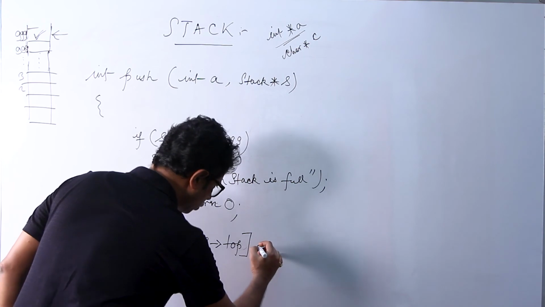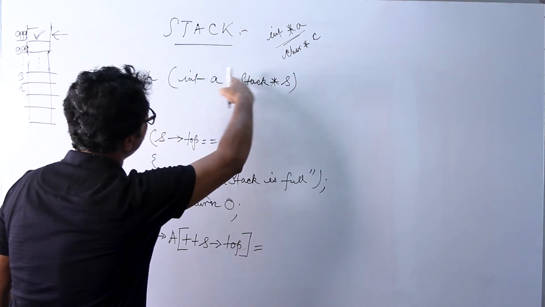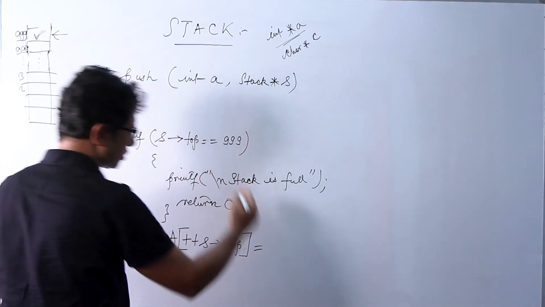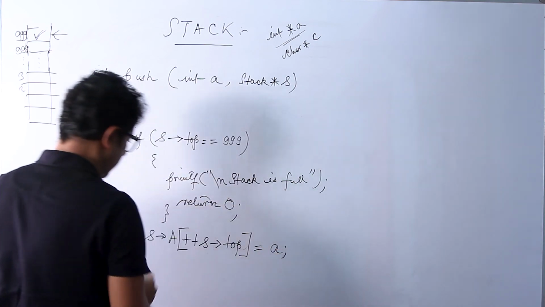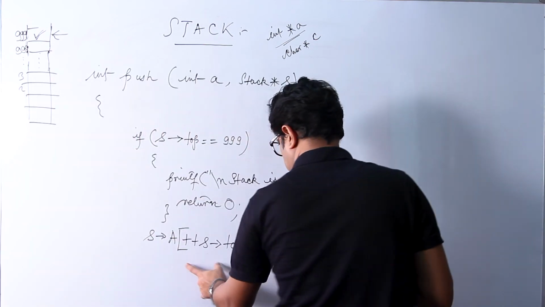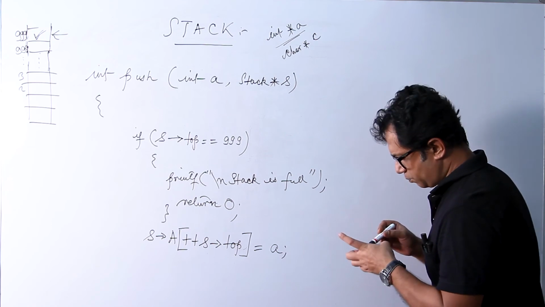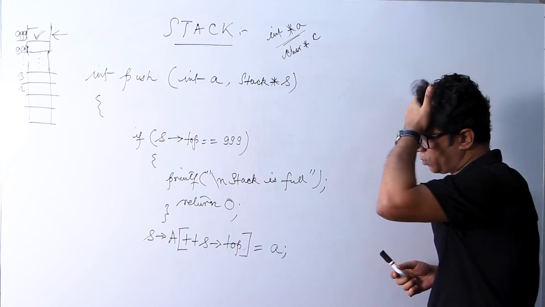I'm going to explain what I have written. It is equal to whatever is given in the first argument, A. So this is the operation of push when it is done in a successful manner.